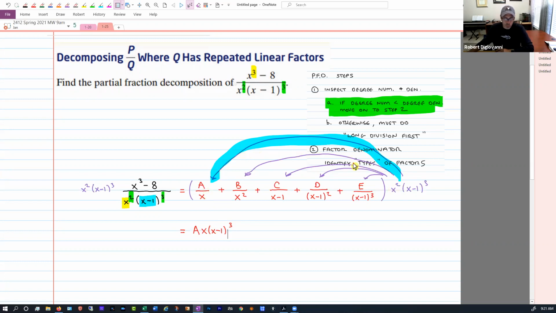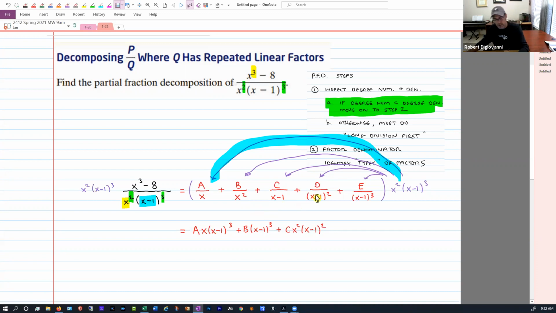When I do the second one, what cancels is the x squared with this x squared. So that's going to leave me with the B, and then all I have left is the x minus 1 cubed. And then the next one, just one factor of x minus 1 cancels from here. So that means I'm going to have the C, the x squared, and an x minus 1 squared.